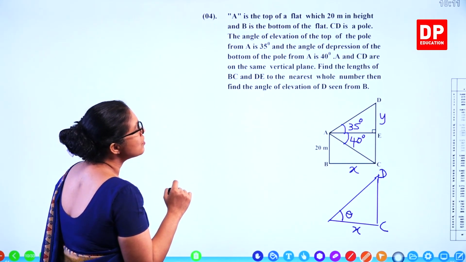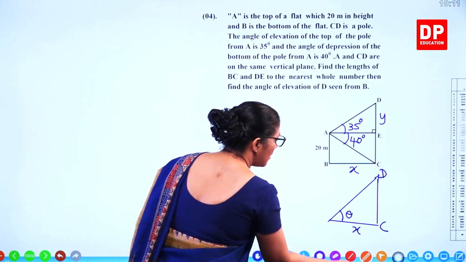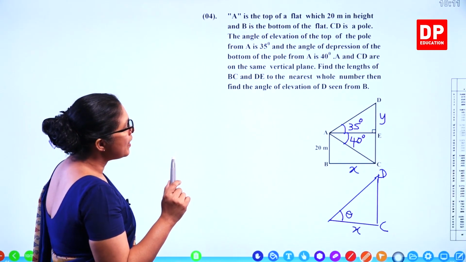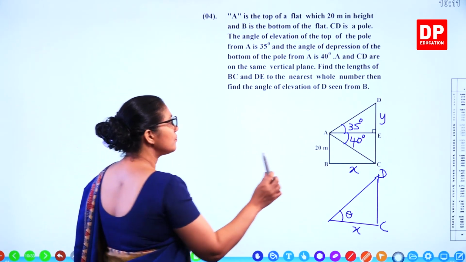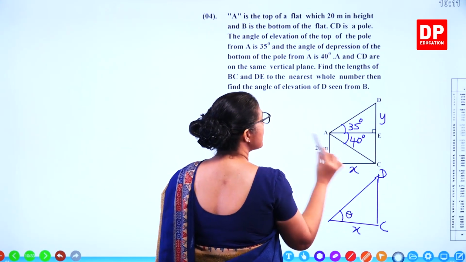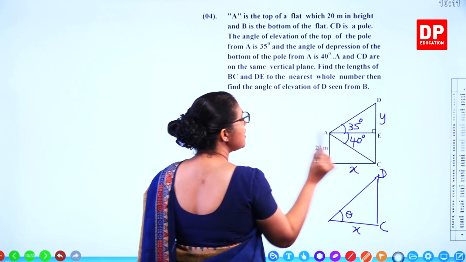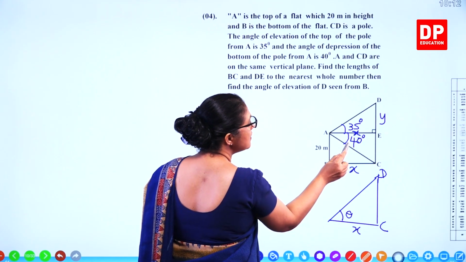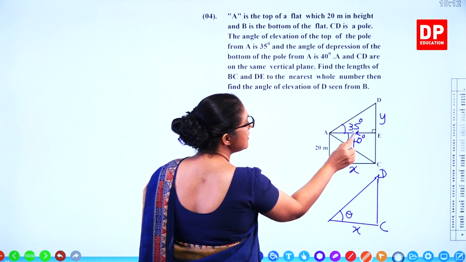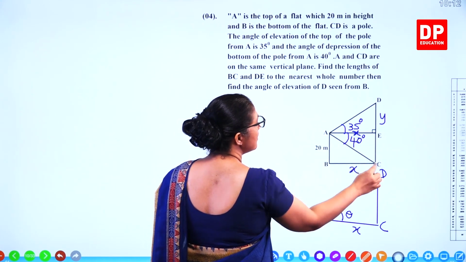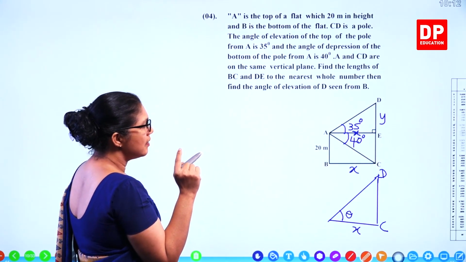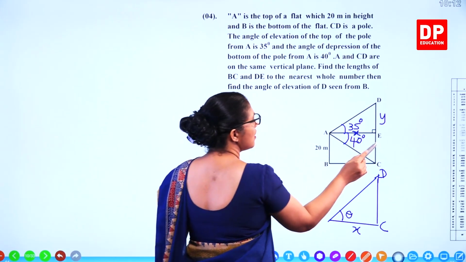So we have to use the proper trigonometric ratio. First we'll find X using the AEC triangle. This is X, so this is also X. To this angle, this is adjacent and this one is opposite. What ratio can you use?